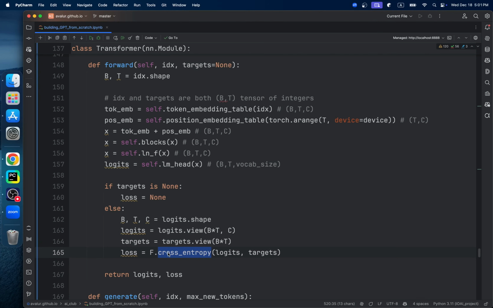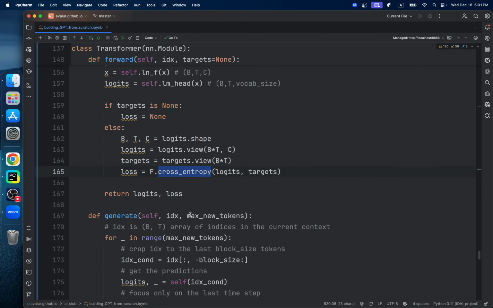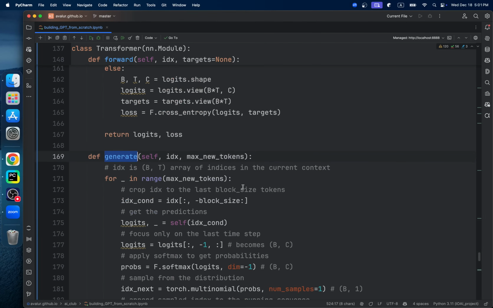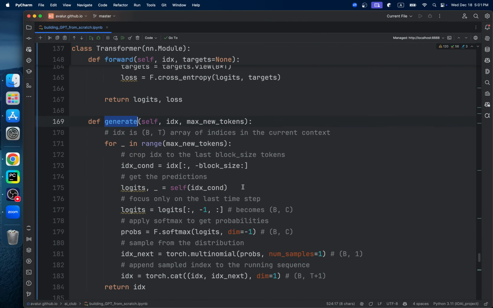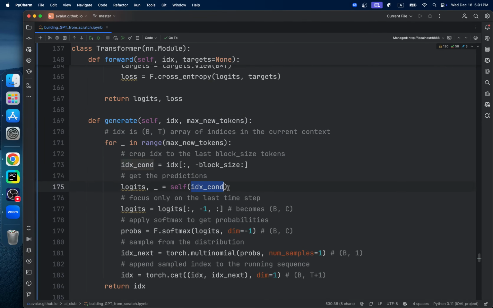In general, that's it. So we need, of course, to implement the generation function, but you see the generation function is just the same as before. The only difference between the bigram model and the transformer model is that of course here we want to use more tokens as prefix.